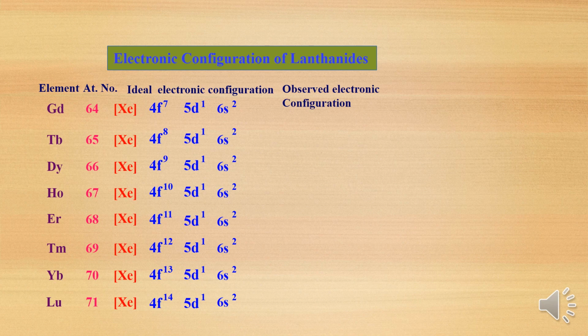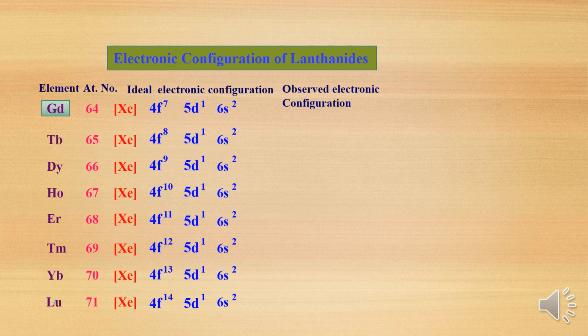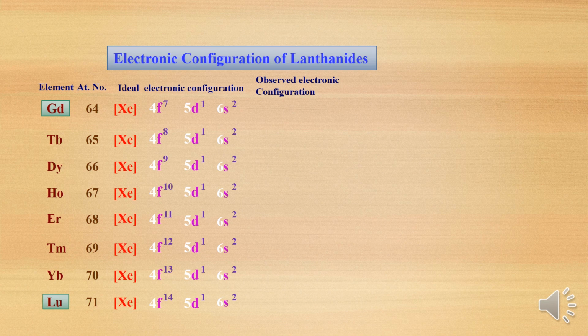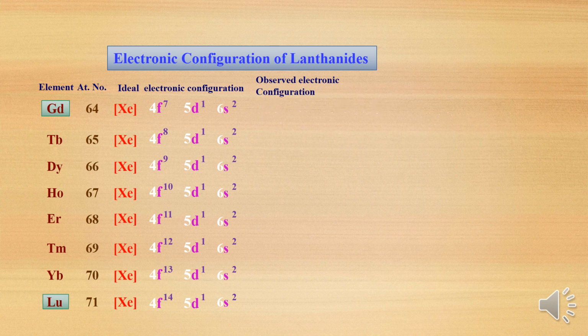Same way here also, due to spectral analysis, there is a deviation, so one more electronic configuration is assigned. Vacant, half filled and completely filled orbitals are extra stable. In the observed electronic configuration, lanthanum, gadolinium and lutetium possess a single electron in the 5d subshell, and other elements have the 5d orbital empty.